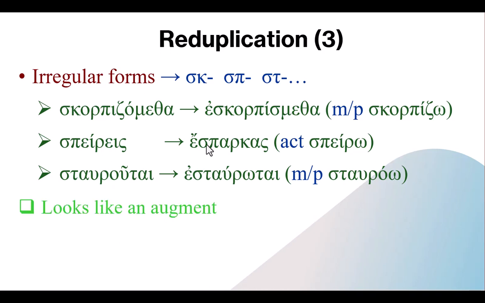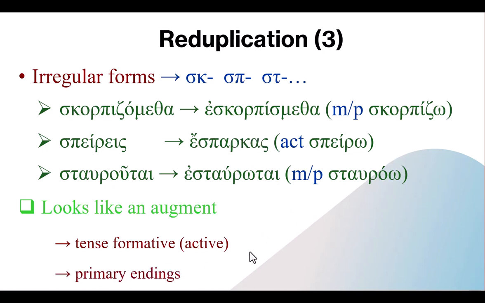And so this epsilon looks like an augment, but we can tell that it's a reduplication, that it's a perfect, both from the tense formative. We see that in the active, this middle one here, you see the ka tense formative, and also from the primary endings. For the middle passives, we've got the tai and the metha. Those are primary endings.